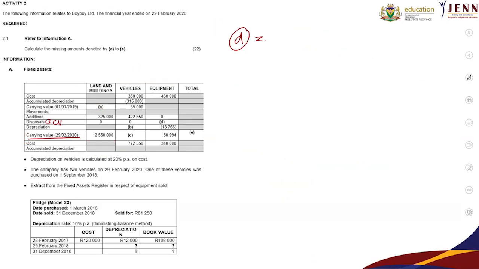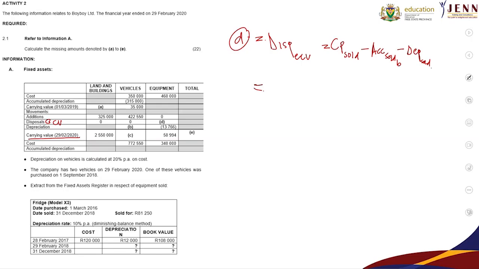We are saying for us to find the disposals at carrying value, our formula is cost price of sold minus accumulated depreciation of sold at the beginning minus depreciation of sold. Right? Now let's go and check.